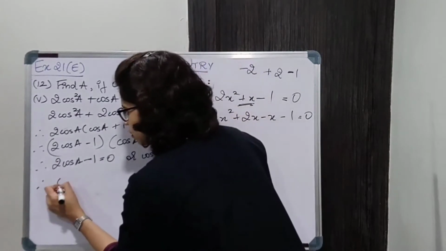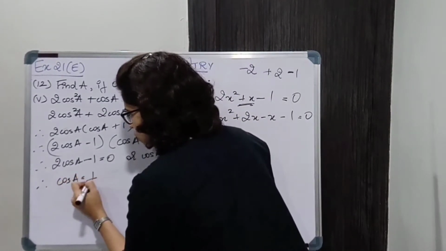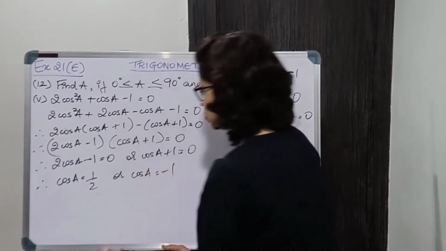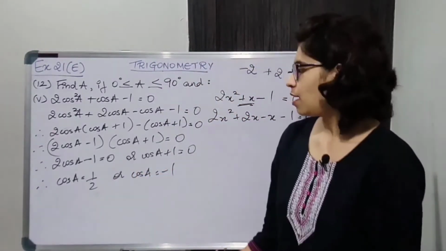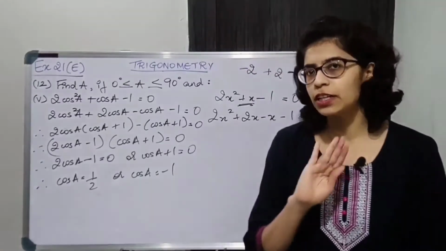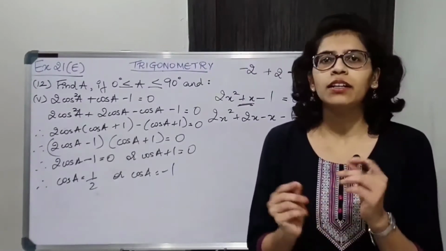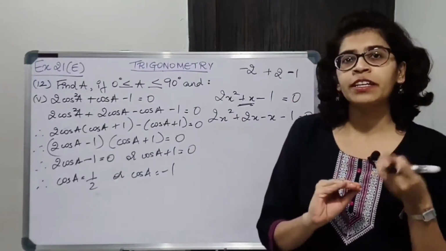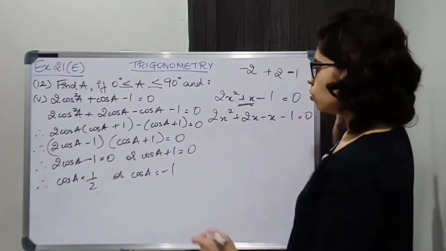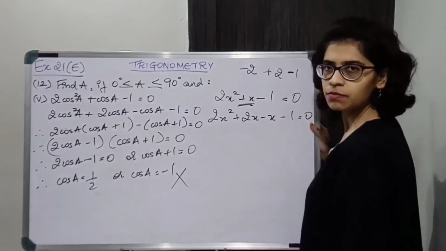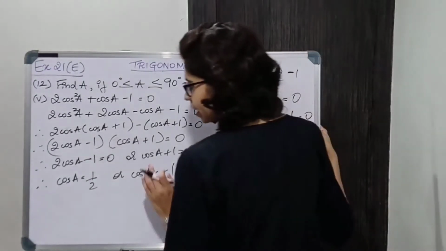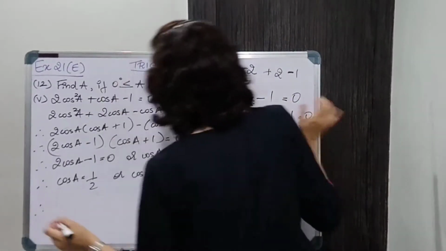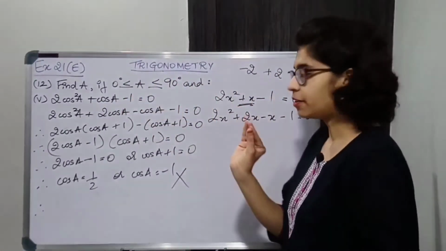Therefore cos a is equal to half or cos a is equal to minus 1. Half is fine, but we have not dealt with negative values yet. The standard values we have seen in the trigonometric table, we don't have negative values in that table, so we'll neglect this. We'll neglect this because it has a negative value, and between 0 to 90 there are no negative values.